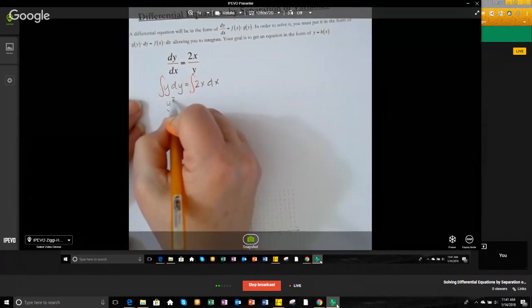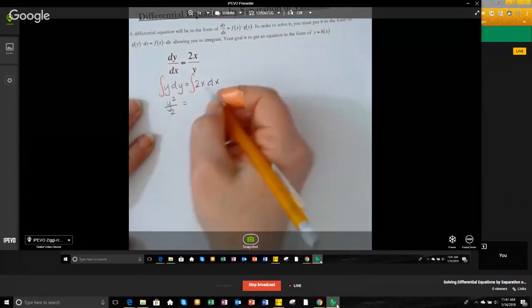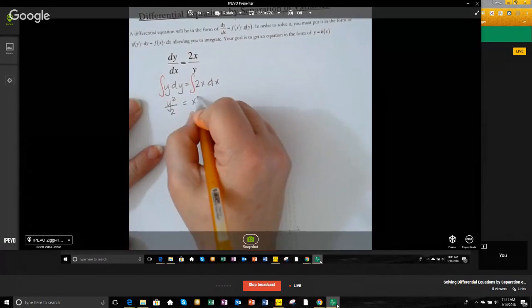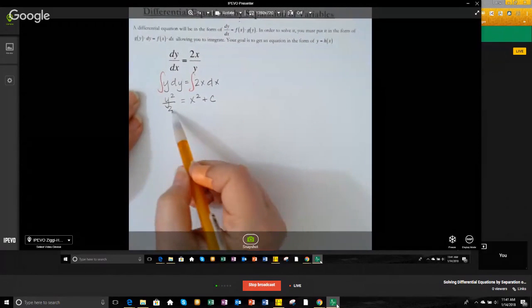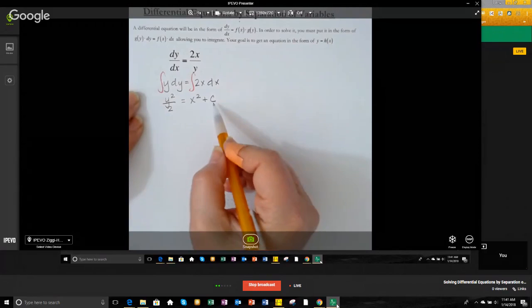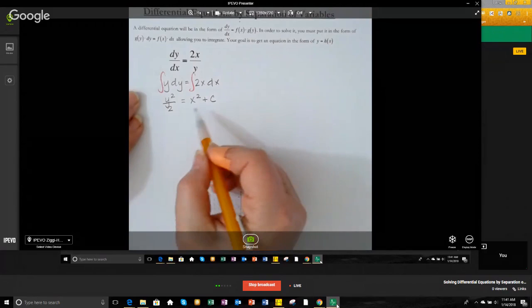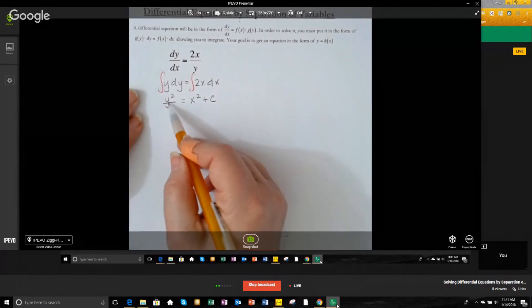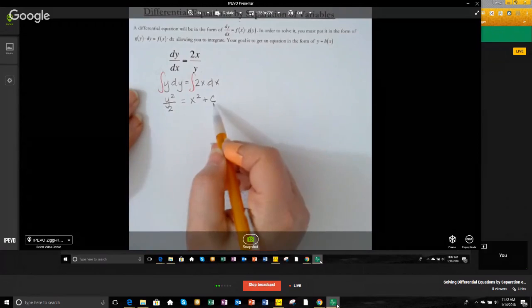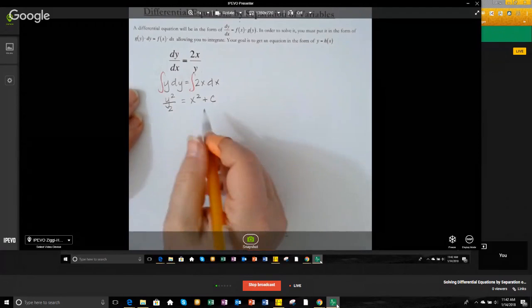When we integrate both sides, we get y squared over 2 equals x squared plus c. I could have put the plus c on both sides, but I am choosing to put one constant for both of them, and I'm putting it on the right side because eventually I'm going to solve for y, and I won't have to move the constant over. So we're going to leave the constant on the right side.